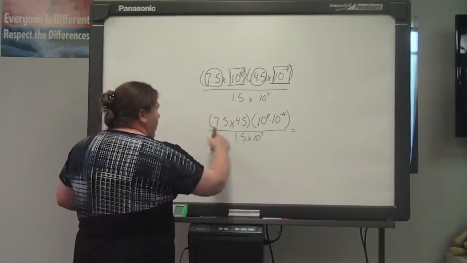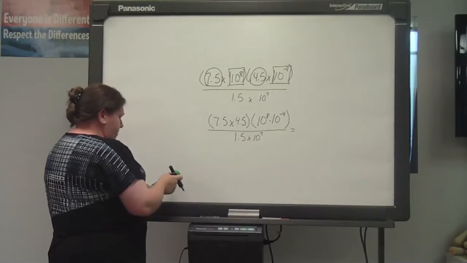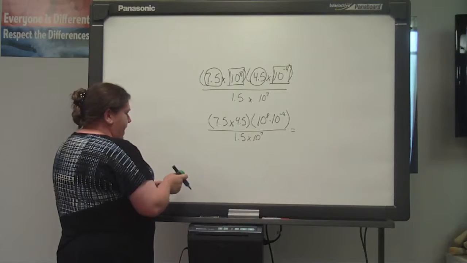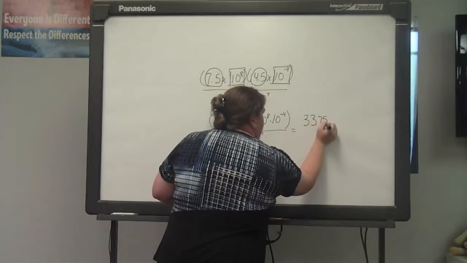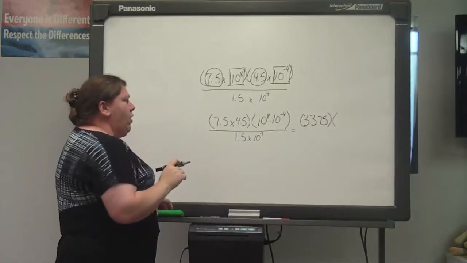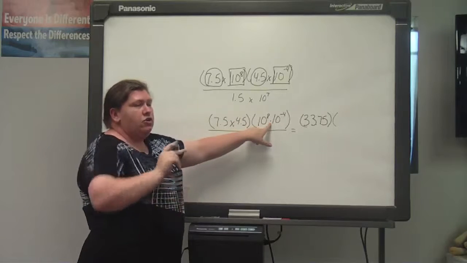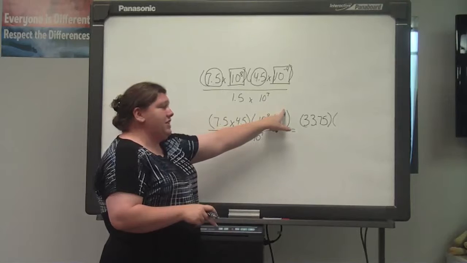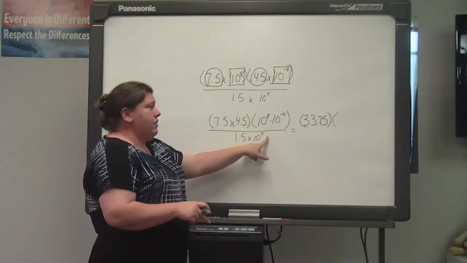All right, I like to do what I can first, so I'm going to do 7.5 times 4.5, and that gives me 33.75. And based on what we have done, when it's separated by a multiplication symbol, there are two ways you can do this. The first way is, because we see this negative, we can move it down here and make it a positive.